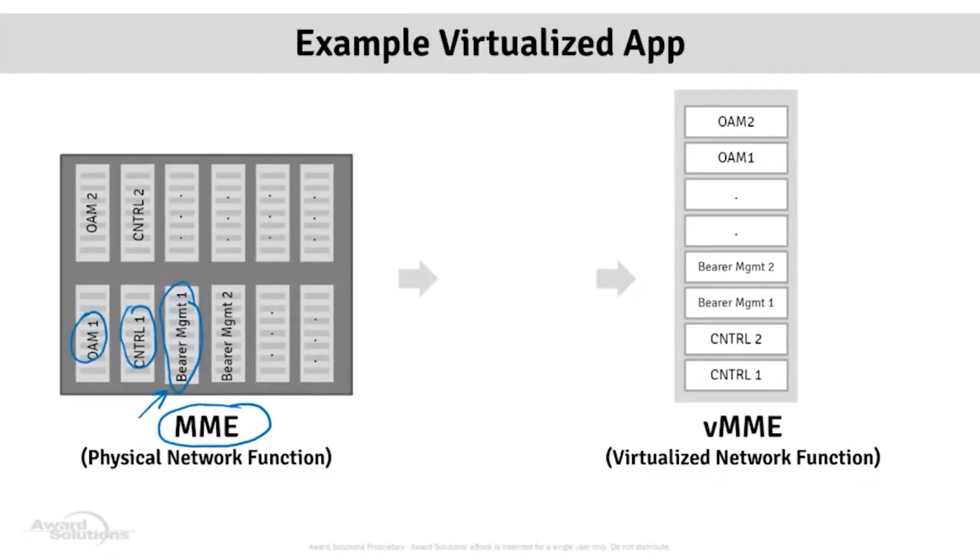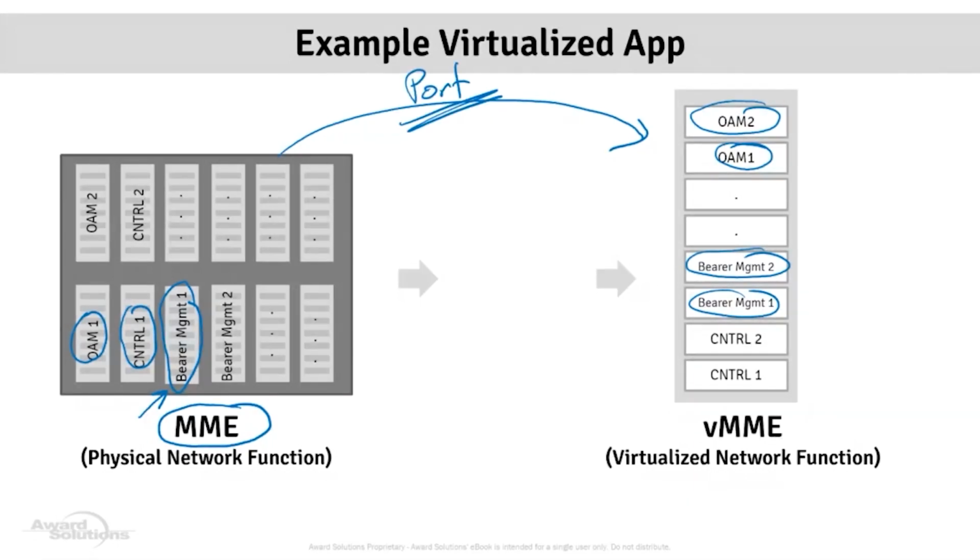And so if I were to put these into virtual machines, what I may say is each one of these is its own standalone virtual machine. All I've done is I've taken my original architecture and I've ported it. And this is a very common approach.